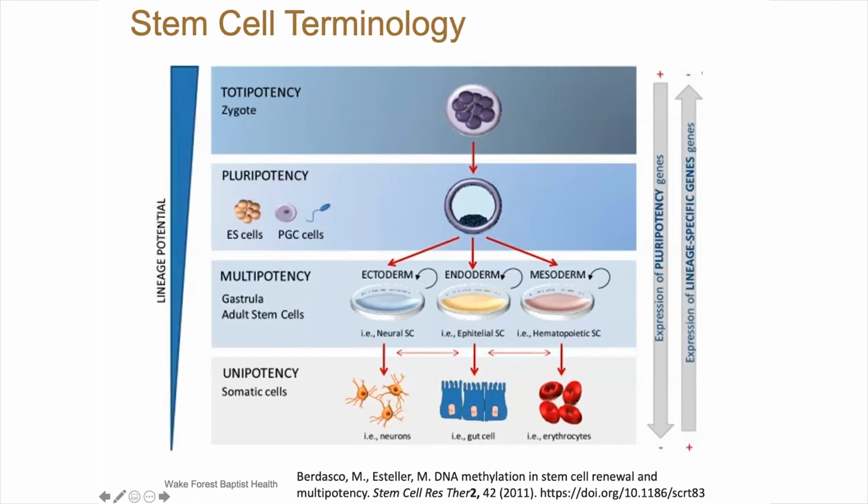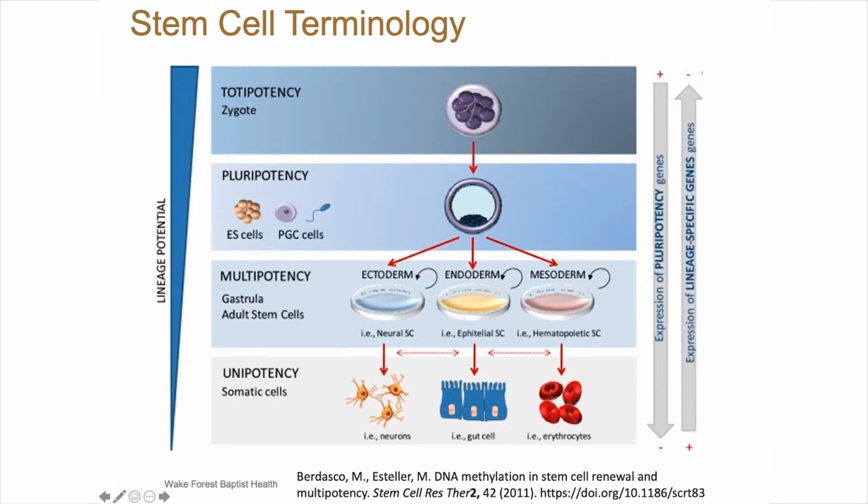Stem cell terminology. Stem cells can really be defined by two different aspects. The first one being their potency. Totipotent stem cells come from the zygote, the early embryonic stage. A totipotent stem cell can form the embryo as well as all the extra-embryonic tissues such as the placenta.